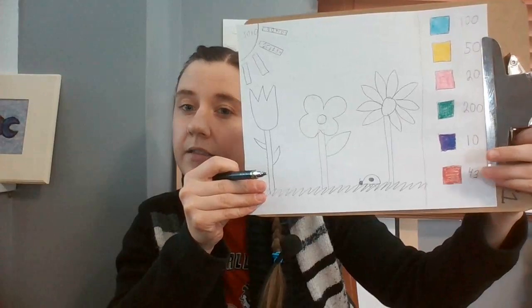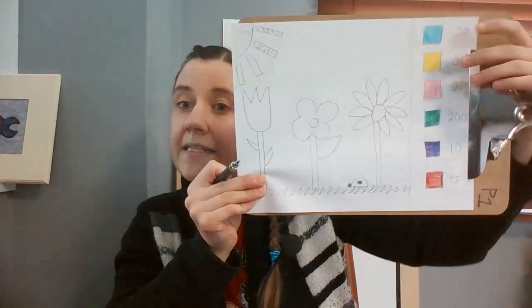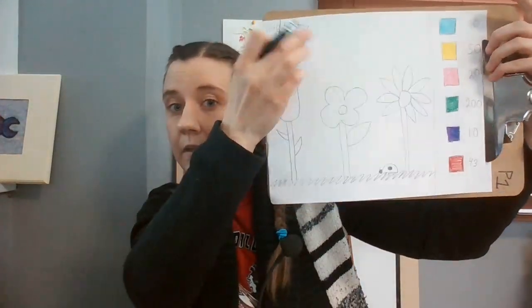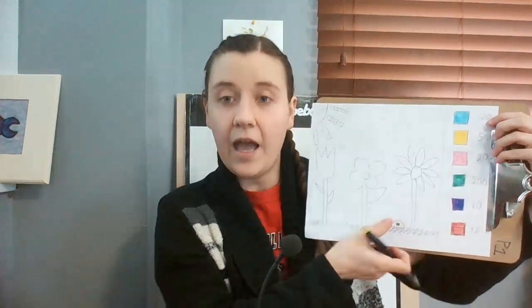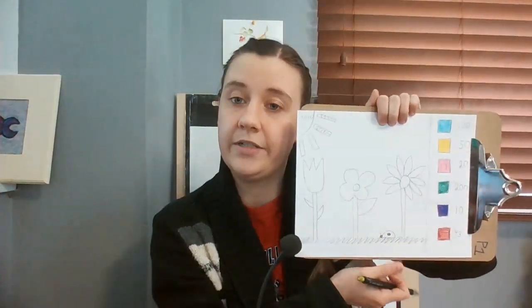you want. So if I want my sky to be blue, I need to make an equation that matches 100. That's equal to or the same as 100. So for my blue sky, I'm going to put a subtraction question.